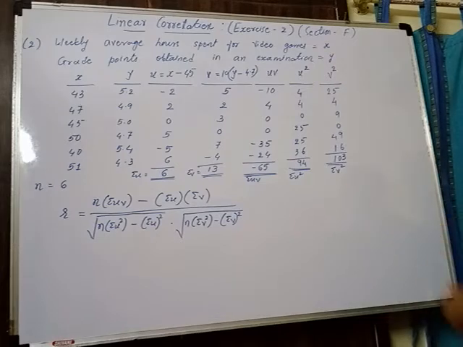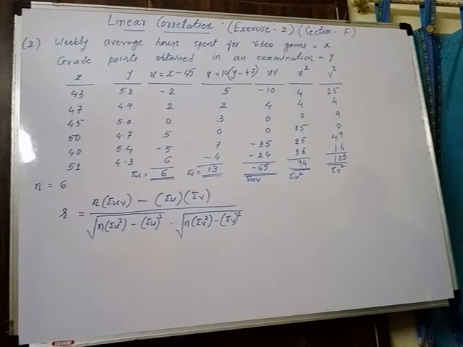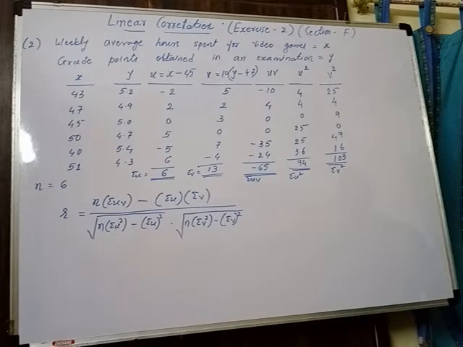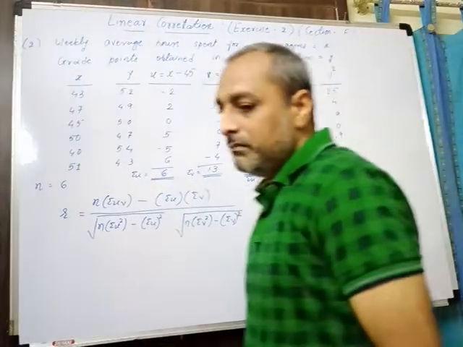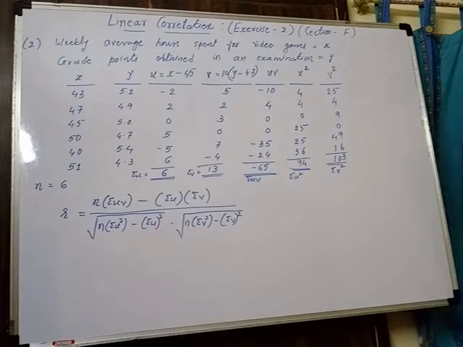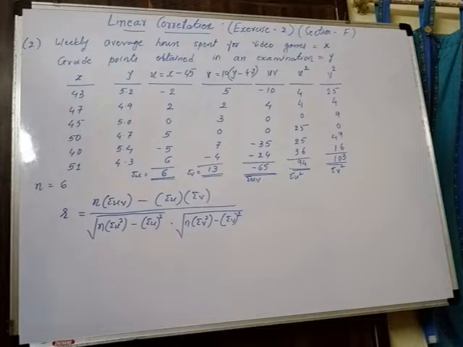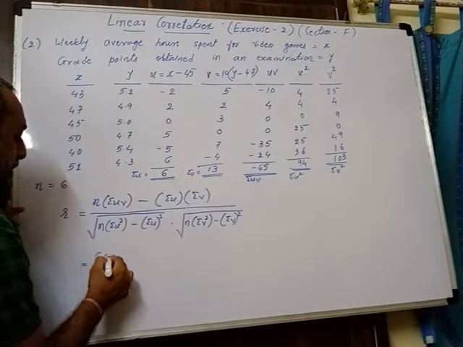Now we have to replace the values in our formula. So one by one we'll replace the values in the formula and we'll try to calculate our correlation. N is equal to 6.